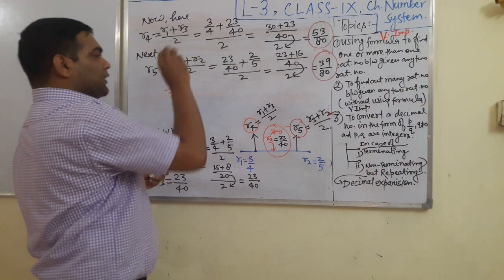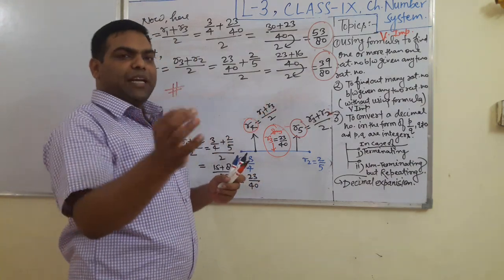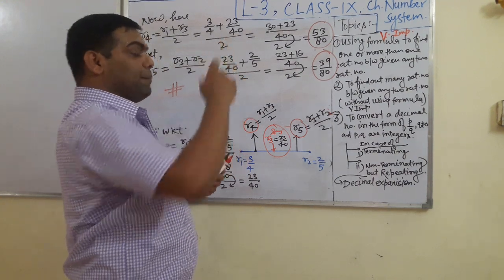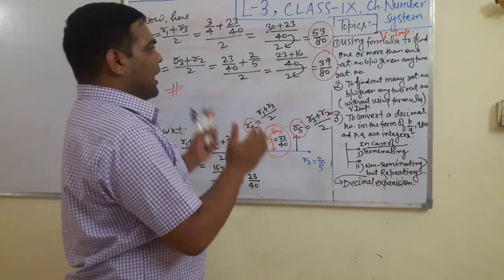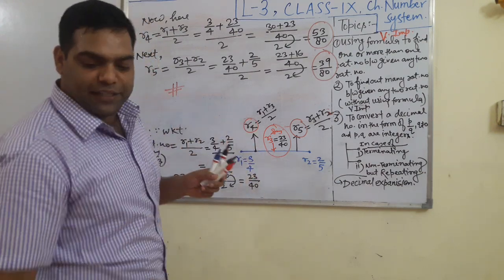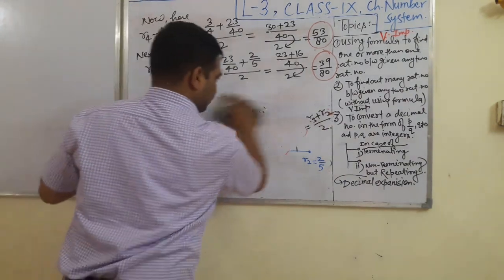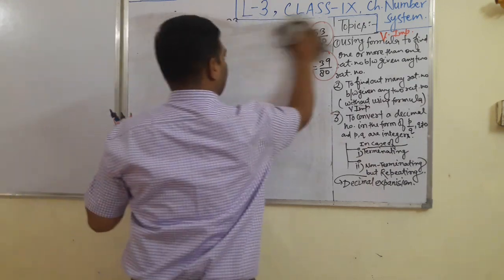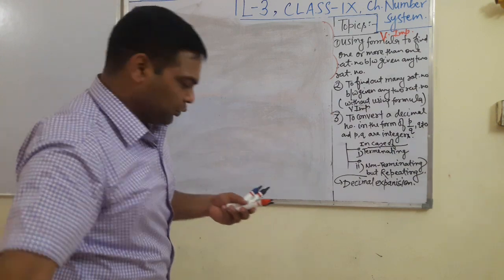Now, students, suppose you have to find many rational numbers between any two given rational numbers without using a formula. How can you find them? I am telling you, try to understand clearly. Well, students, now see.